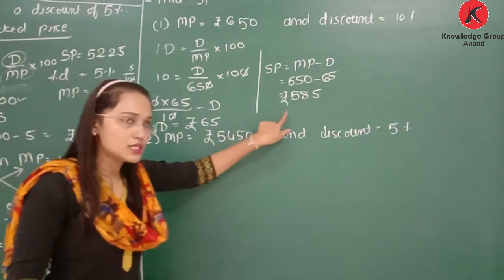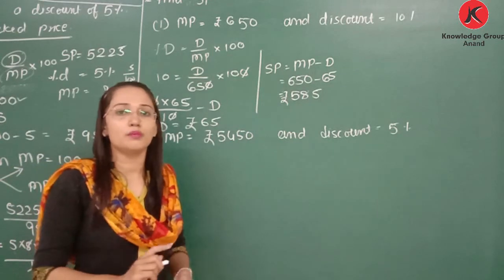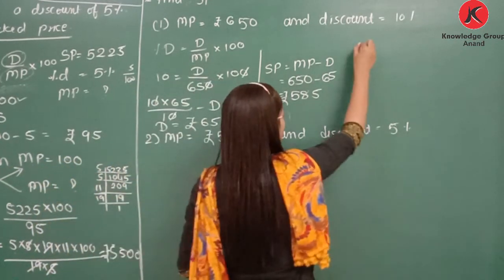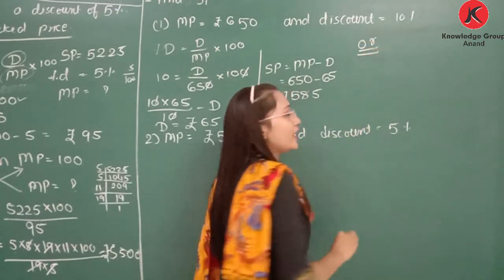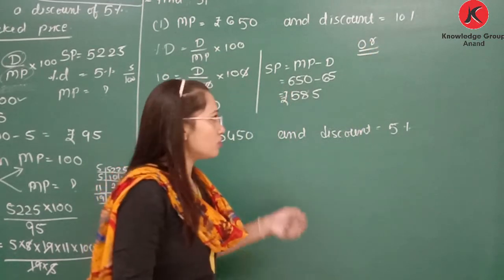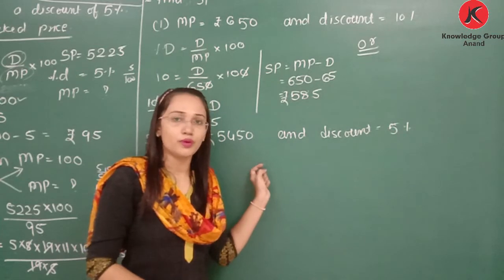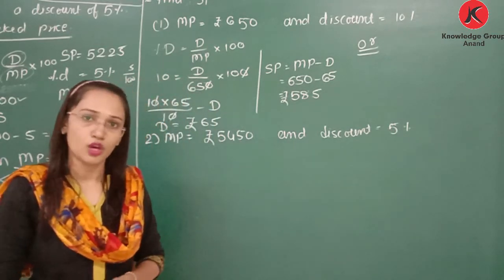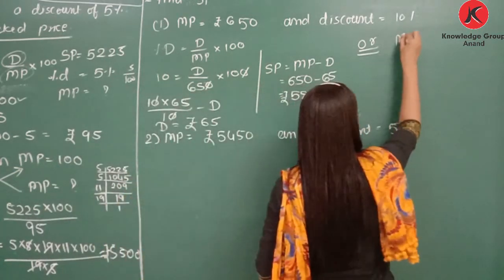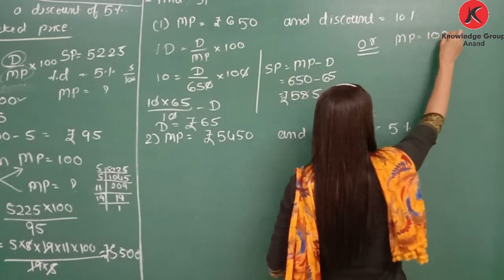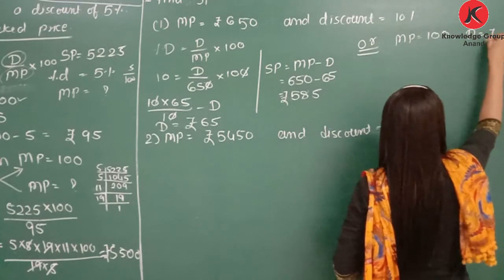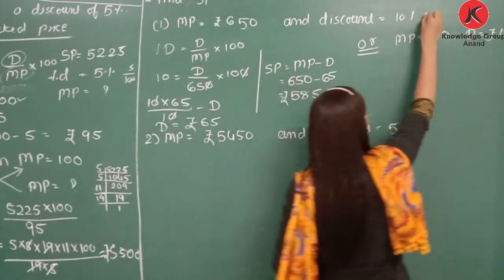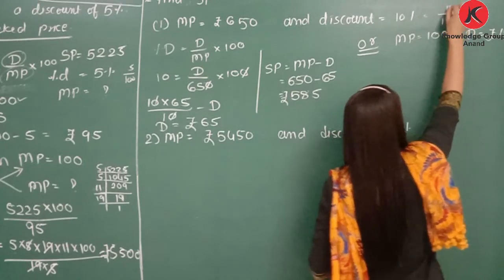Now this example you can also solve using the method of 100. How can we solve this? You can use any method. In the previous example we took market price as 100. So again we start: when market price is 100, discount is 10 rupees, because 10% means from 100 it is 10.